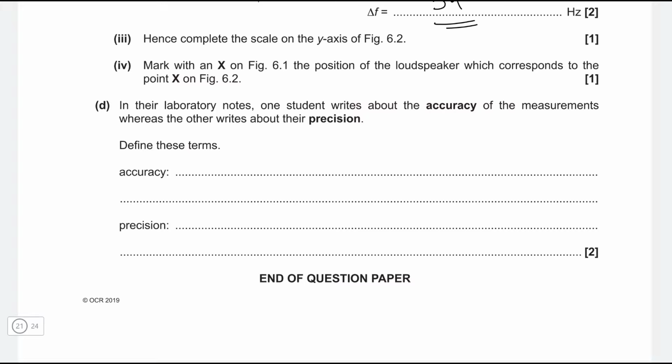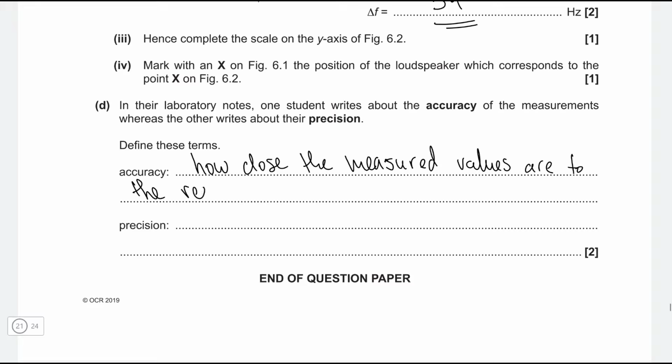Define the following terms: accuracy and precision. So accuracy is how close the measured values are to the real or true value.